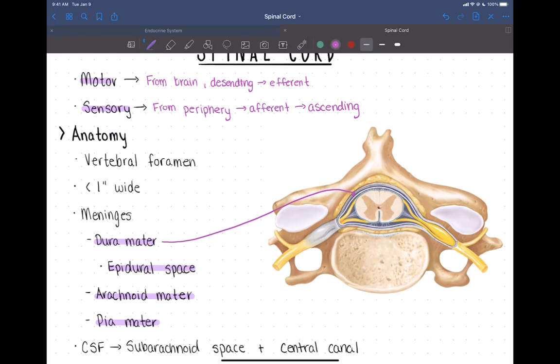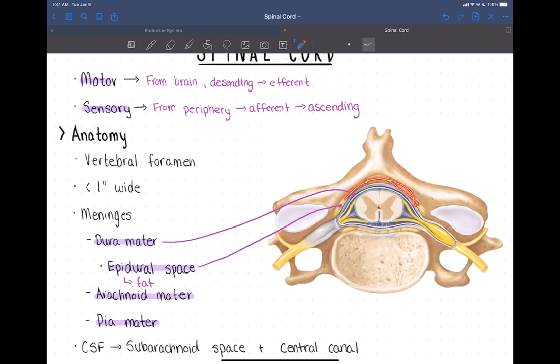This forms a space called the epidural space. It contains a lot of fatty tissue that helps to cushion the spinal cord. So fat or adipose tissue is in that epidural space. This is where, if you get an epidural, epidural anesthesia, like some women do during labor and delivery, it will be injected into this fat.